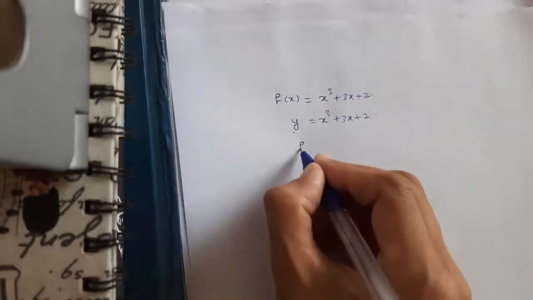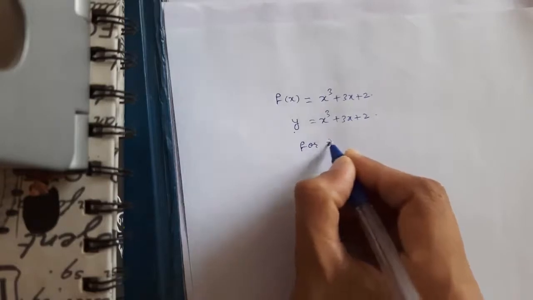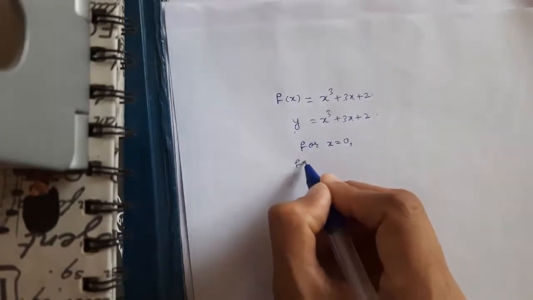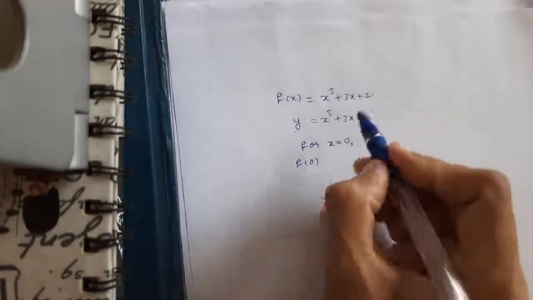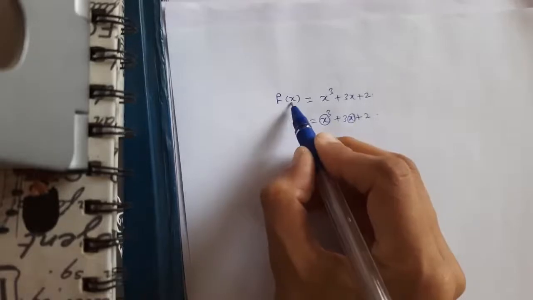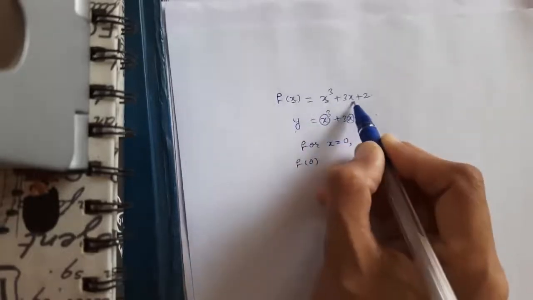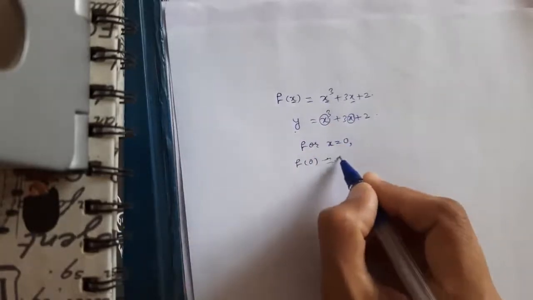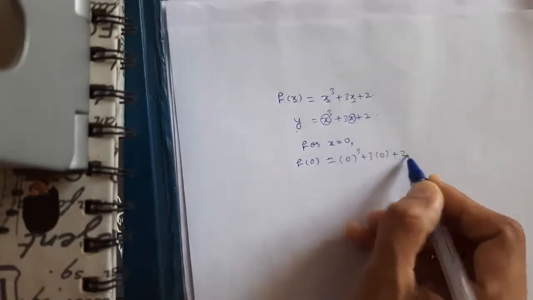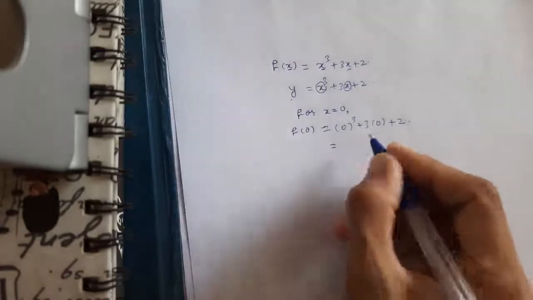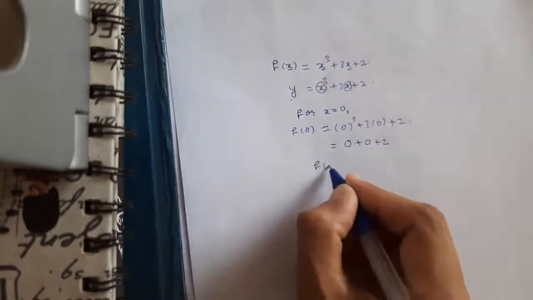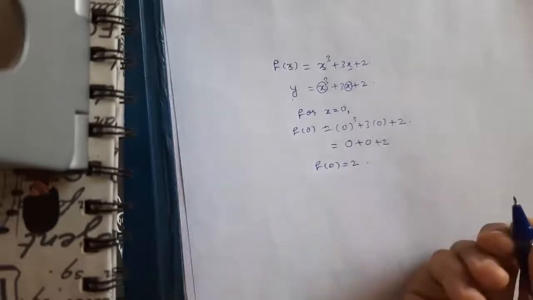For example, for x equal to 0, what will I get? f of 0. Now where I have x, I just need to replace it with 0. What will I get? 0 cube plus 3 into 0 plus 2. So this is nothing but 0 plus 0 plus 2. So f of 0 equal to 2.